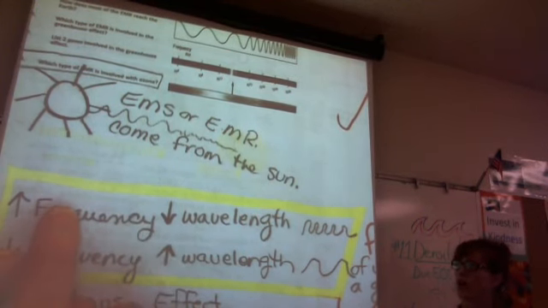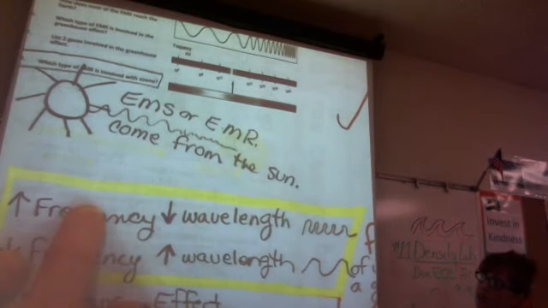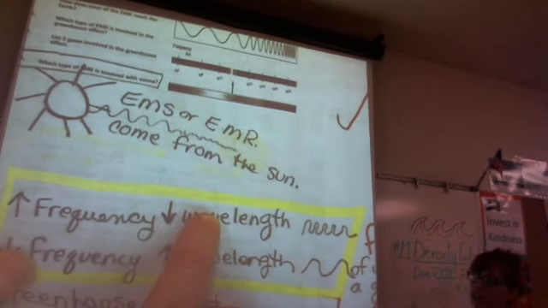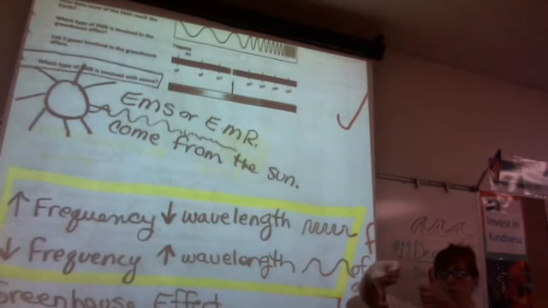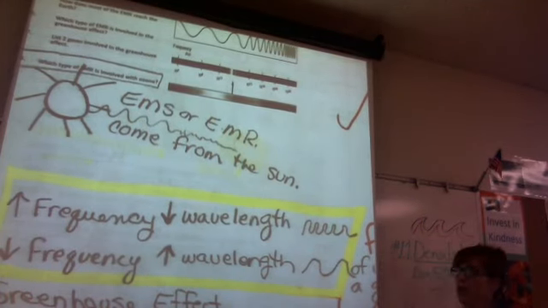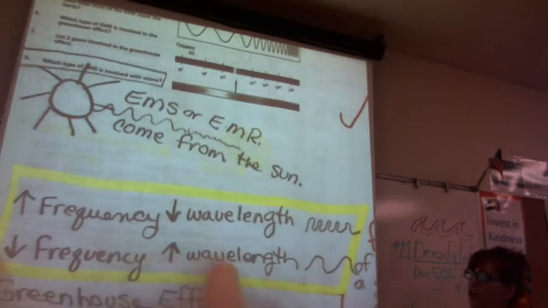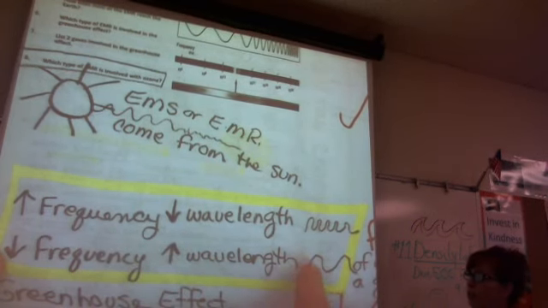As one thing goes up, the other thing is going down. As one thing is increasing, the other thing is decreasing. So you get that thumb. That's an indirect relationship. Then you can always say the opposite is true. So as you see a decrease in frequency, there's an increase in wavelength. And you can see that here. Beep, beep, beep.